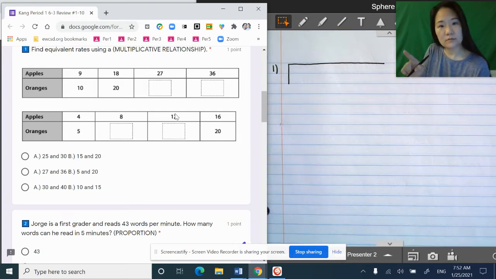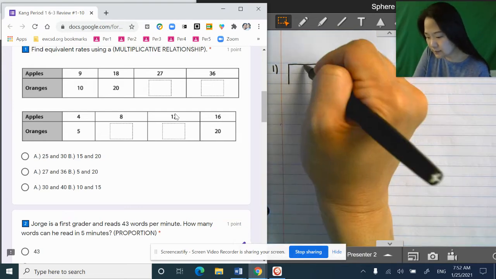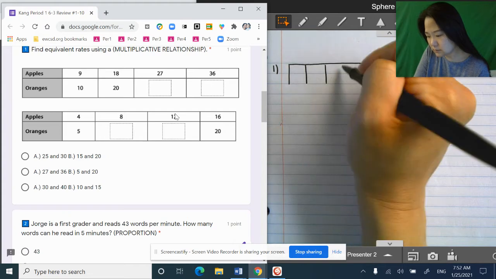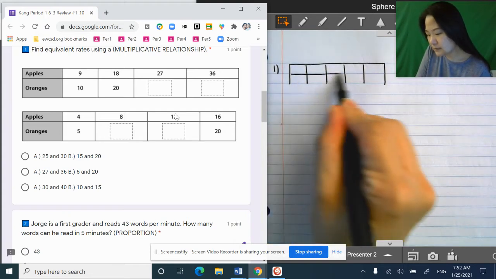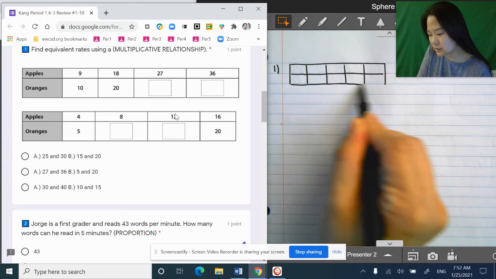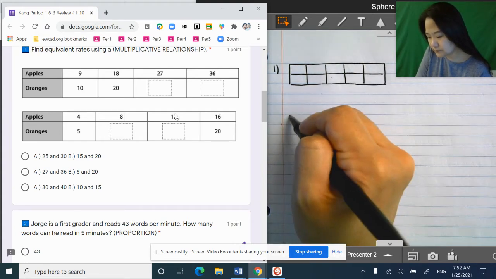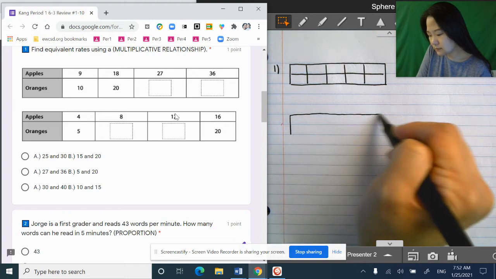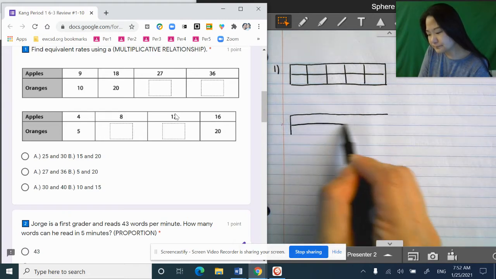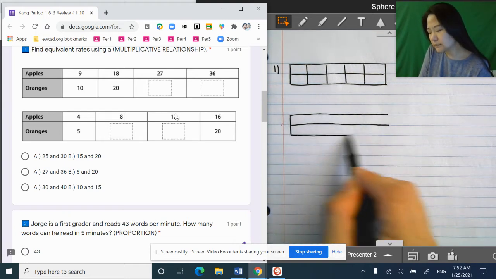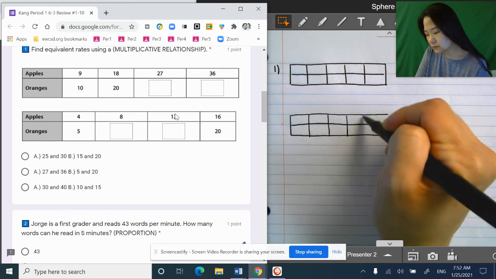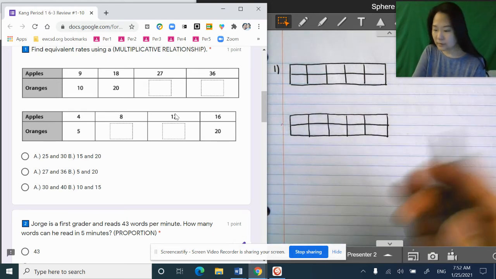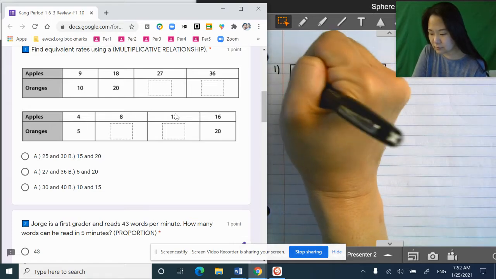It has 1, 2, 3, 4, 5. 1, 2, 3, 4, 5. I'm going to skip a few lines and draw the second table as well. Okay, and I'm going to title this Apples and Oranges.